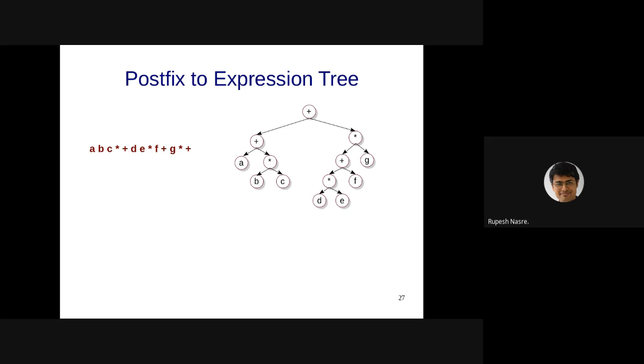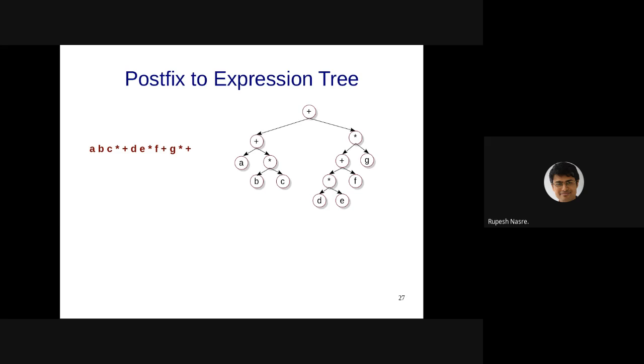So when A, B, C come, we push the nodes corresponding to A, B, C into the stack. And when star comes in, it pops B and C's nodes, attaches those to the star, creates that subtree of B star C, and then pushes back the root of this subtree, which is the star's pointer, so that the stack now contains A's pointer followed by star's pointer.